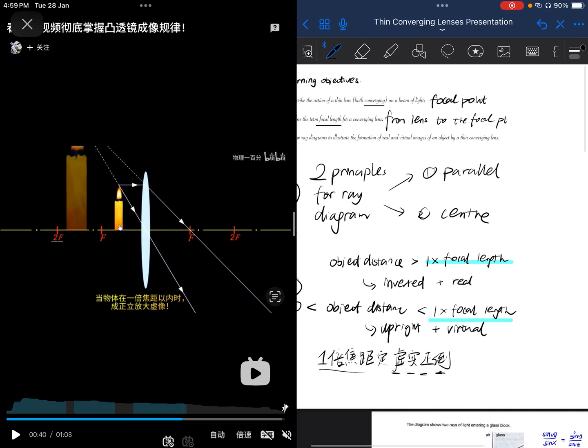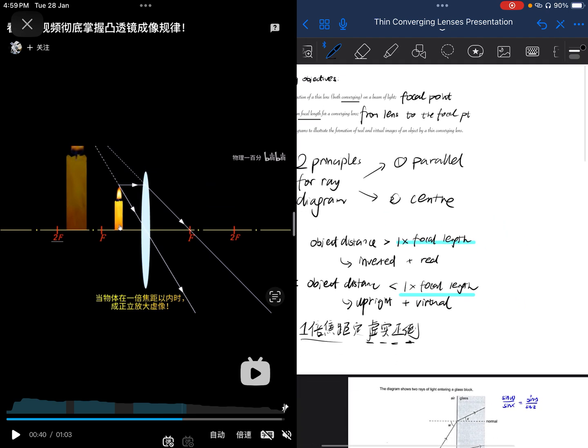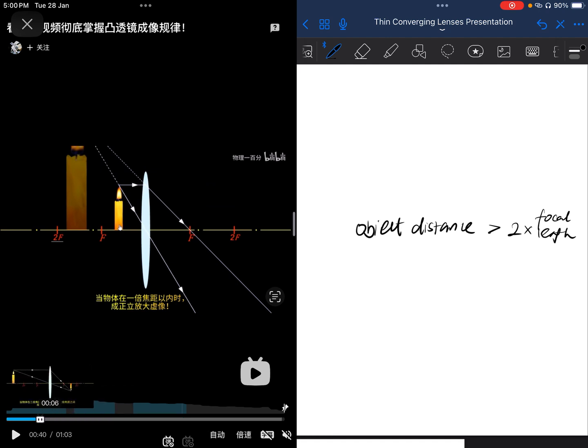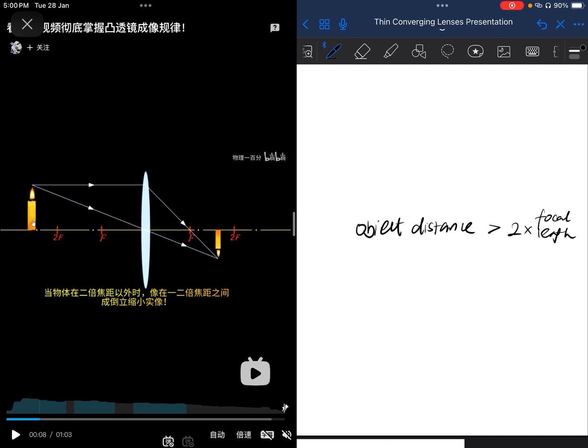Now you may ask, then what does the 2 times focal length determine? So let's take a look. When an object distance is larger than 2 times focal length, what's going on? Here, you are able to see that the image is inverted, real, and smaller than the object.